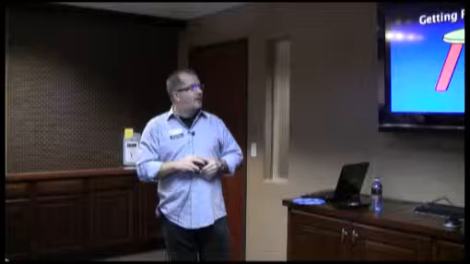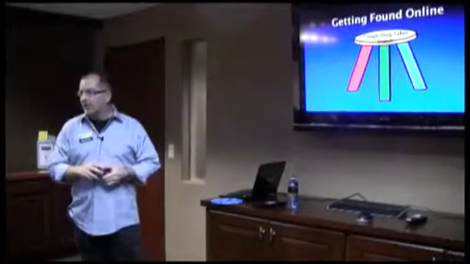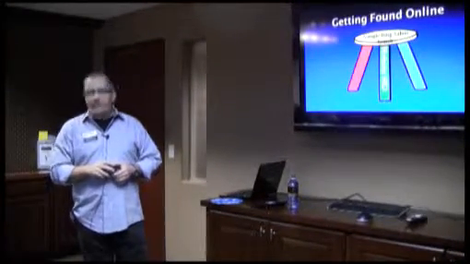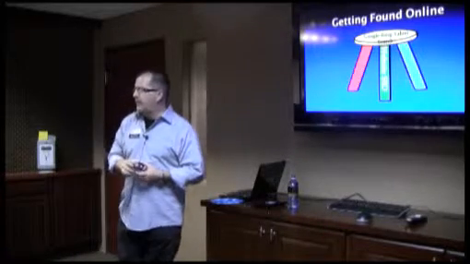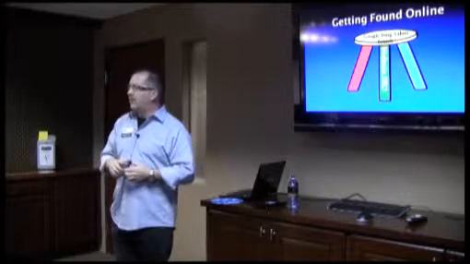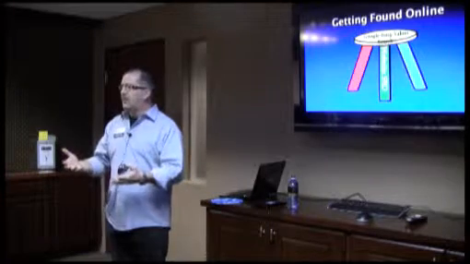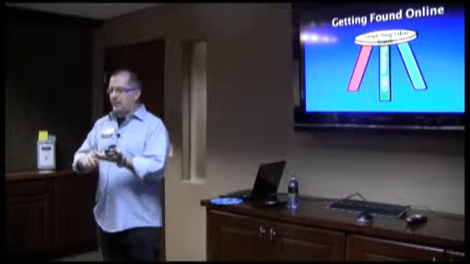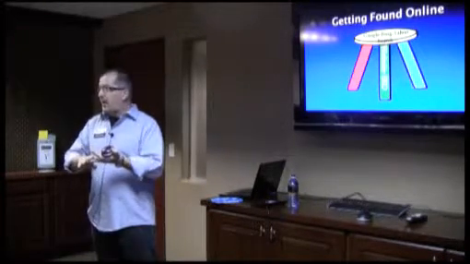So getting found online, I'm not going to spend a ton of time there, but as you are looking at search engines, I segment that into 3 categories. Website search engine optimization. This is on-site SEO. This is taking your keywords and embedding them in your photos and your copy.